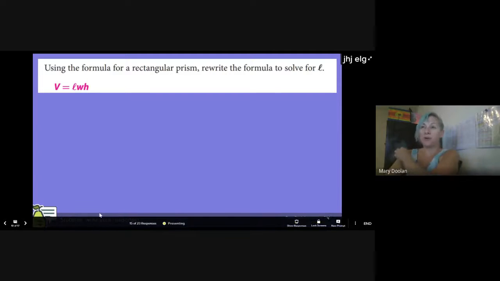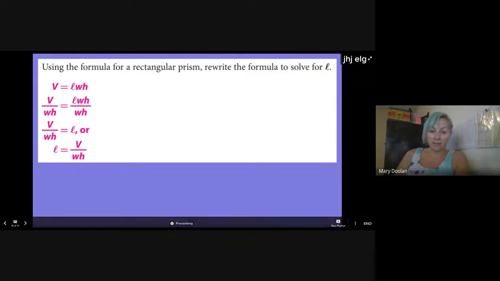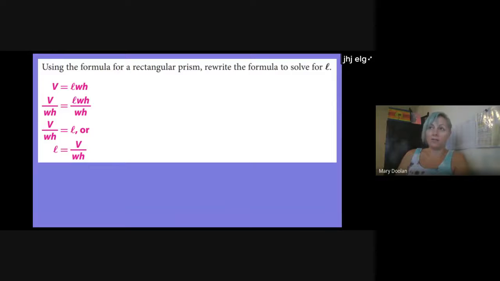All right, so let's go ahead and go over this example. If we're trying to isolate L, solve for L, and L is being multiplied by W and H, I use the inverse operation of multiplication, which is division, and I divide by whatever it is that's going to make W and H divide out to give me 1.